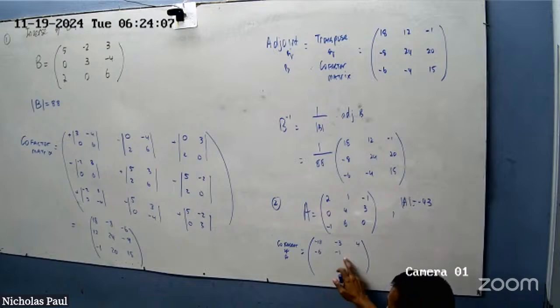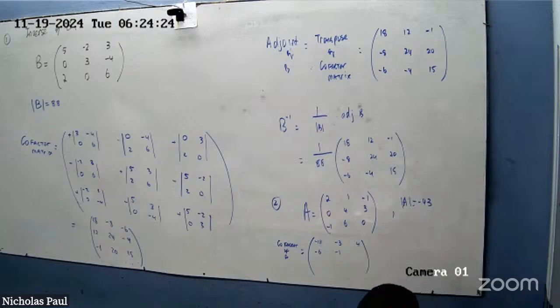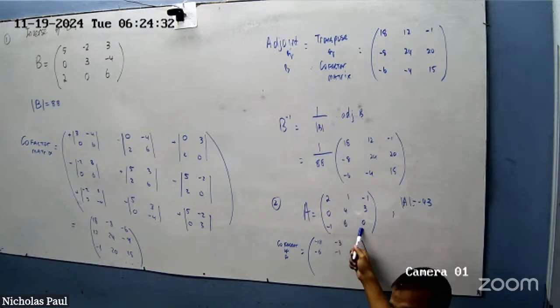I'll get these values, I'm gonna show you this. Plus 18, did you get the first one wrong? 4 by 0 is 0.